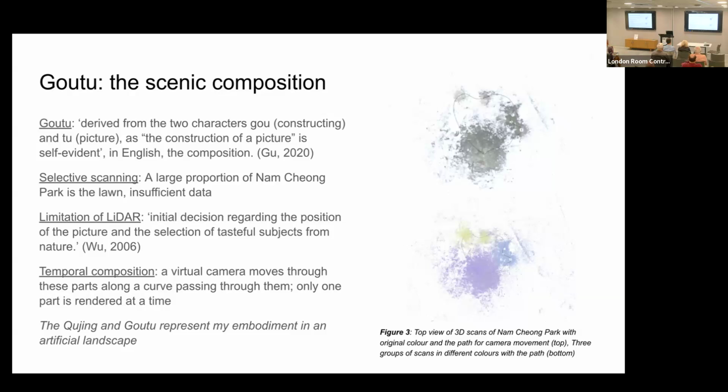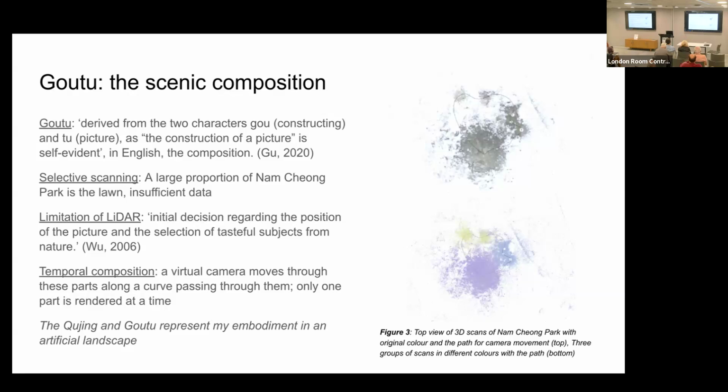So to me, the composition is pretty selective because a large proportion of Nam Fong Park is lawn. So there is insufficient data for visualizing the lawn. So I deliberately scan the area with more trees and more vertically situated artificial elements such as fences or lampposts.